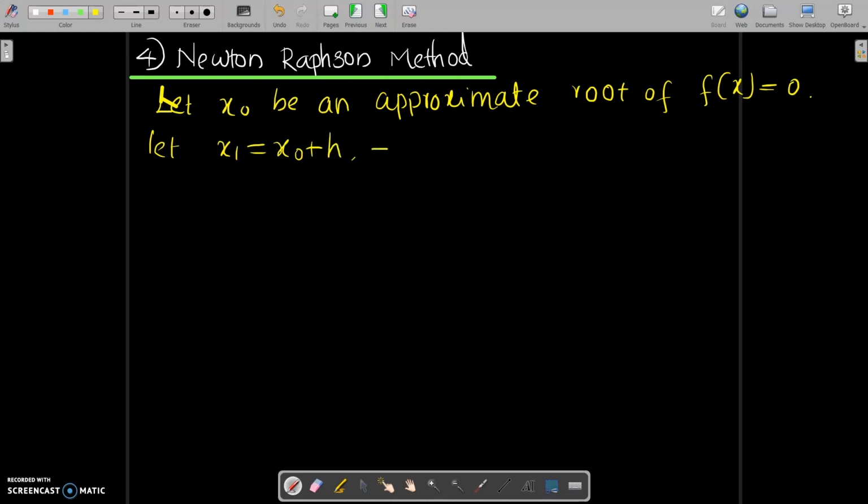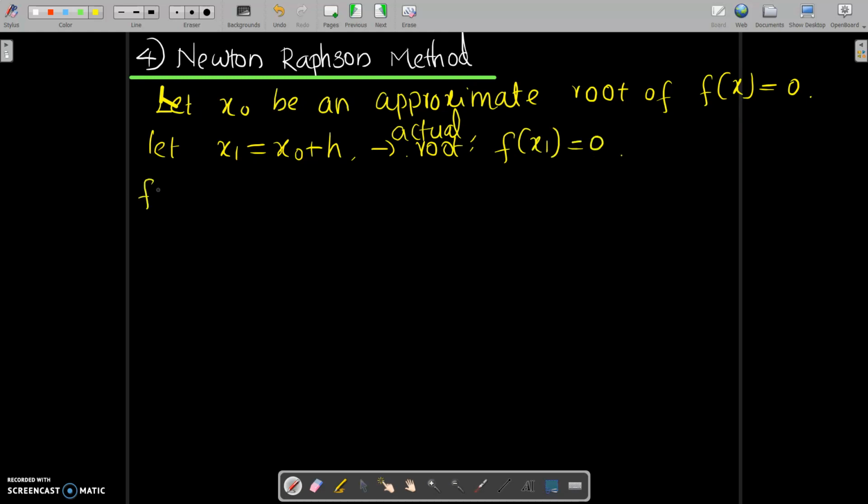Suppose this is the actual root of the equation, such that f(x1) = 0.